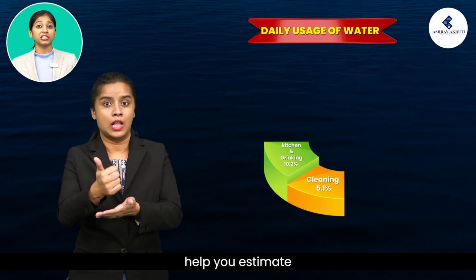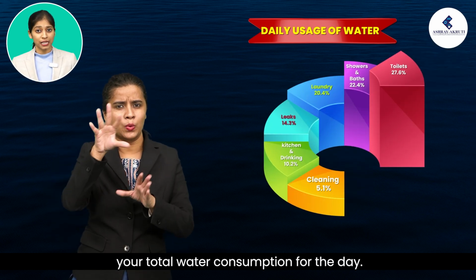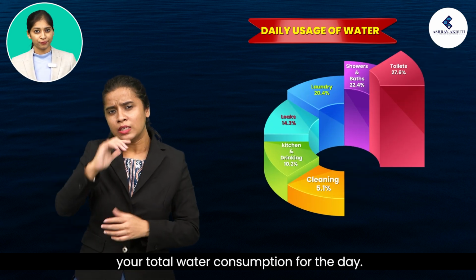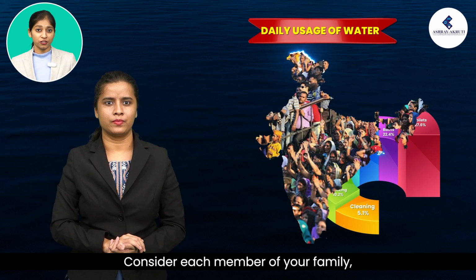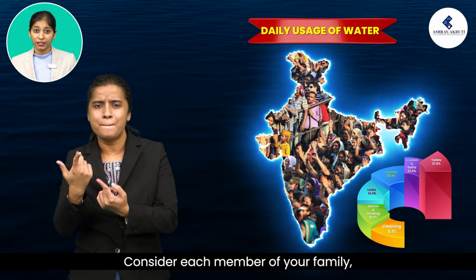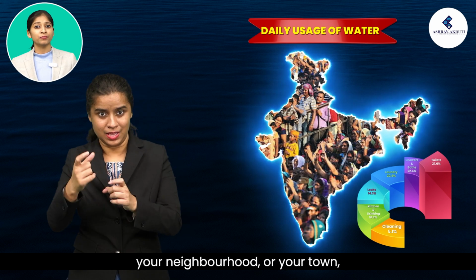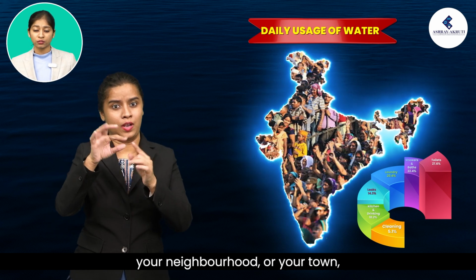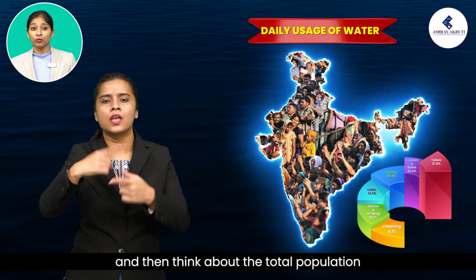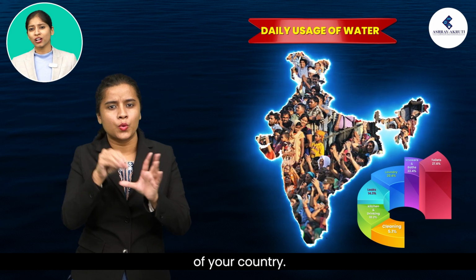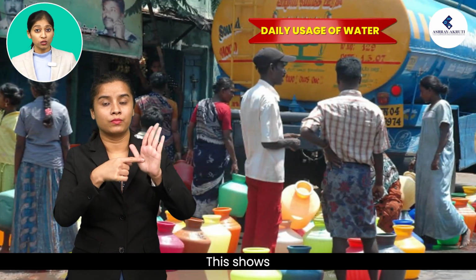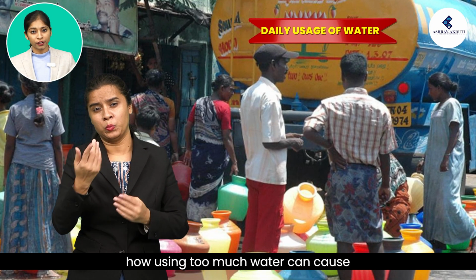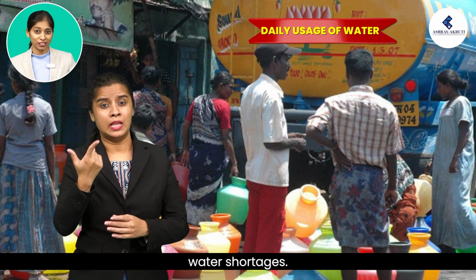This will help you estimate your total water consumption for the day. Consider each member of your family, your neighborhood, or your town, and then think about the total population of your country. This shows how using too much water can cause water shortages.